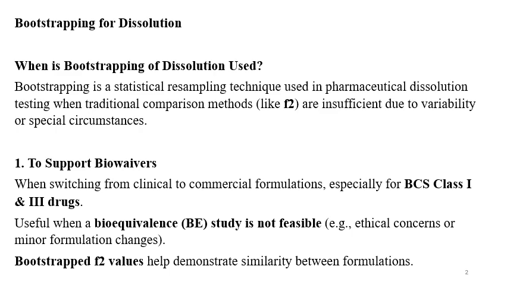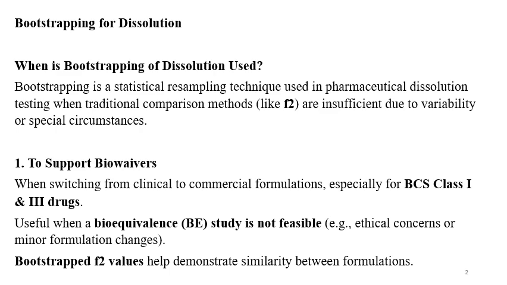So F2 calculation is used when there is less variability, or the percent RSD, or you can also say percent CV, of the dissolution profile is within the limit provided by the regulatory authorities. Generally, the variability limits are less than 20% at initial time points and less than 10% at the later time points.